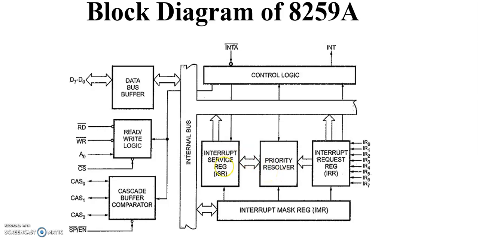Whatever is presented in the in-service register, the data in the ISR, is served to the MPU. The interrupt mask register has 8 bits, and D0 to D7 are transferred between the MPU and the 8259.